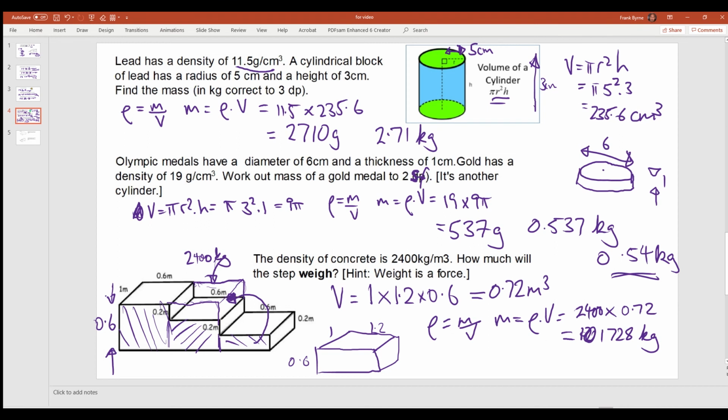Have we finished? No, we haven't, because we've been asked to calculate its weight. And weight is m times g. In physics and GCSE we use g as equal to 10, so that becomes 10m. So the weight is 17,280 newtons.